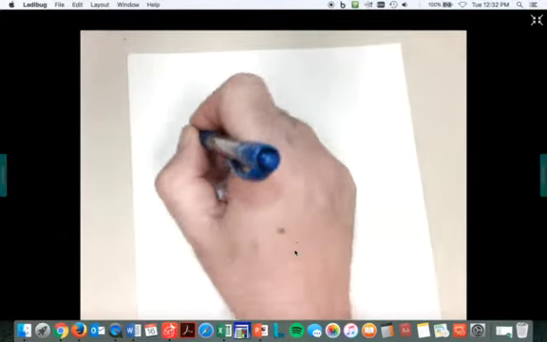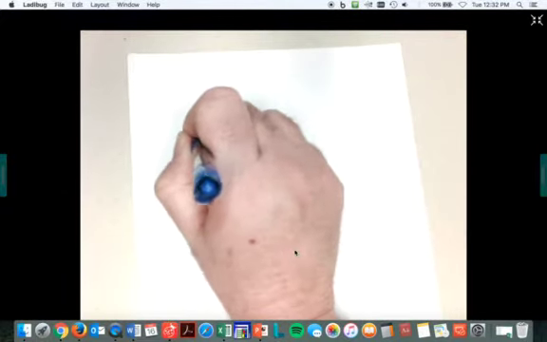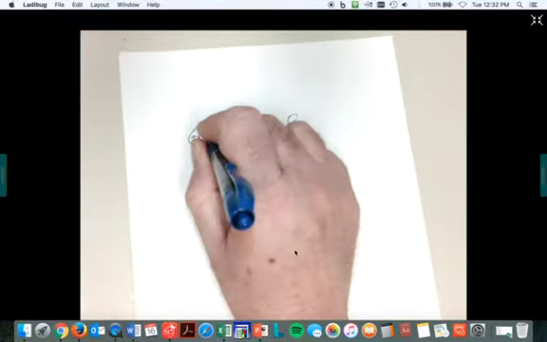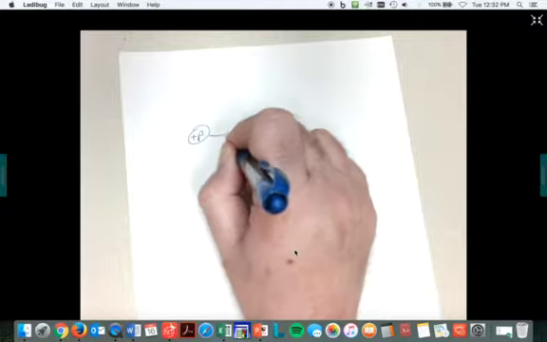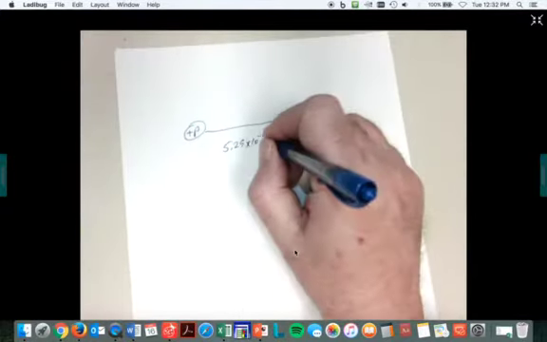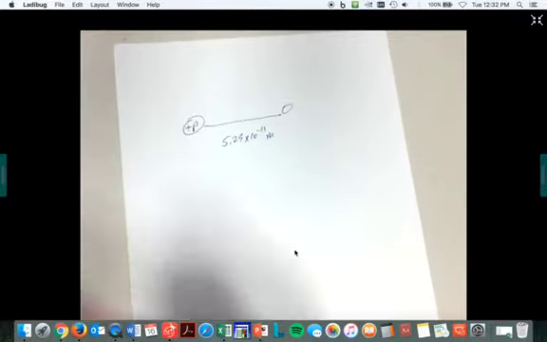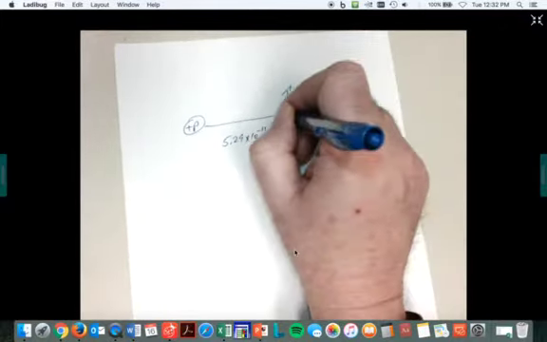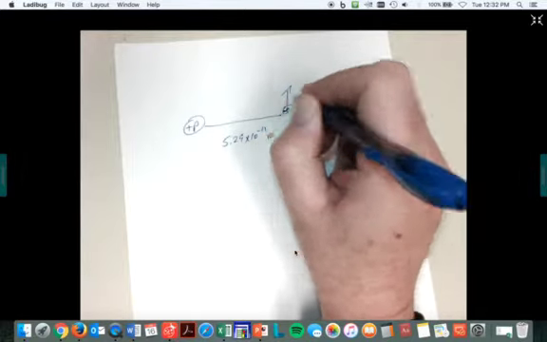So here we go. Here's the nucleus right here, and my proton is right here. And out here, at a distance of 5.29 times 10 to the negative 11 meters, the Bohr radius, is my little electron flying around going this way. And it's a negative charge.